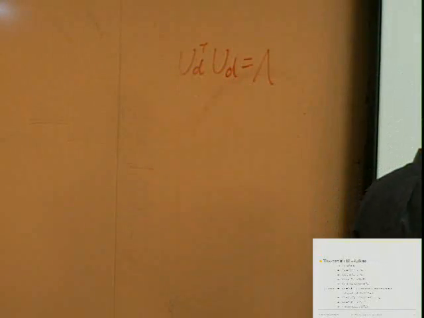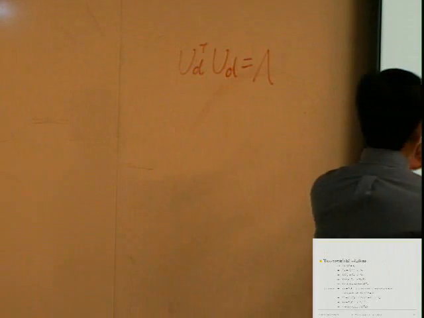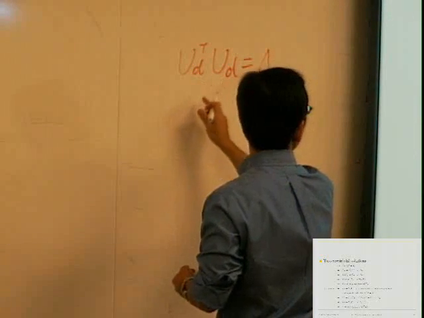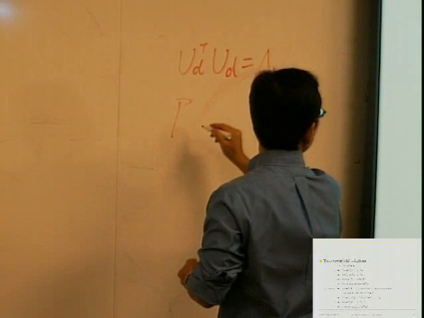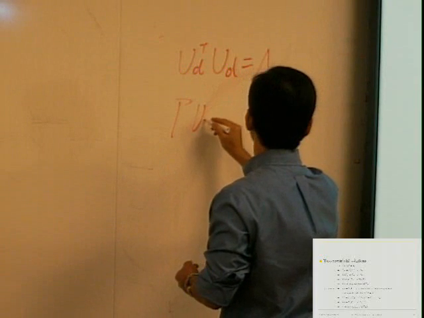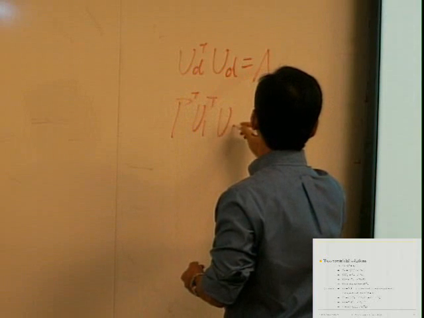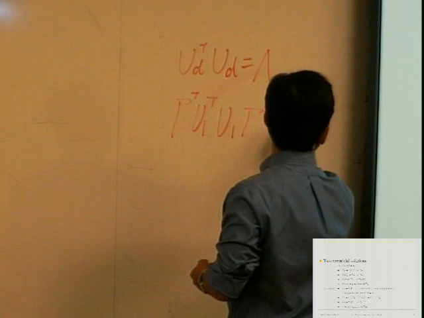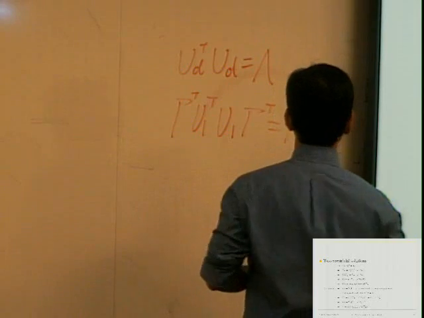So this one will just make sure that this is true. So we bring the equation into this condition. So we have this equation, transpose, U1 equal to lambda, right?